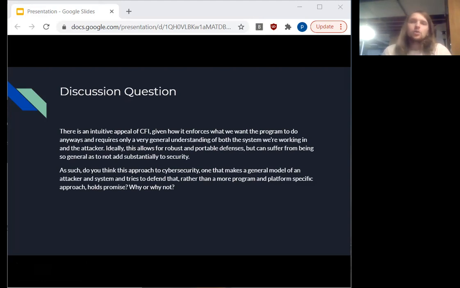Ideally, this allows for robust and portable defenses, but can suffer from being so general as to not add substantially to the security. Given this kind of thinking, do you think that this general approach to cybersecurity, one that makes a general model of an attacker as opposed to specific vulnerabilities and tries to defend against that, rather than more program and platform specific approaches, holds any promise? And why or why not?